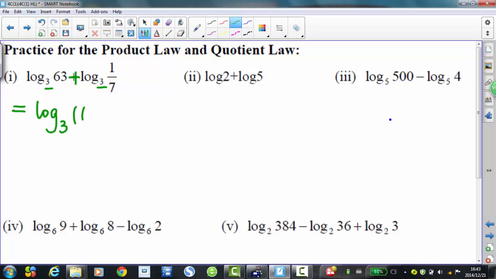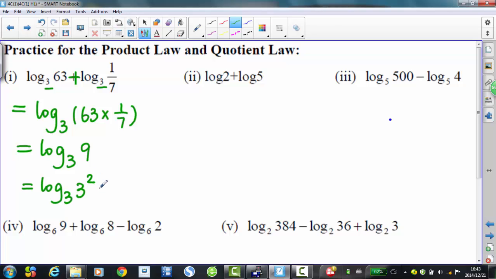So I change these 2 arguments into the product, 63 times 1/7. This one is 9. So log base 3 of 9, and 9 is 3 squared. The final log value we found is 2 only.